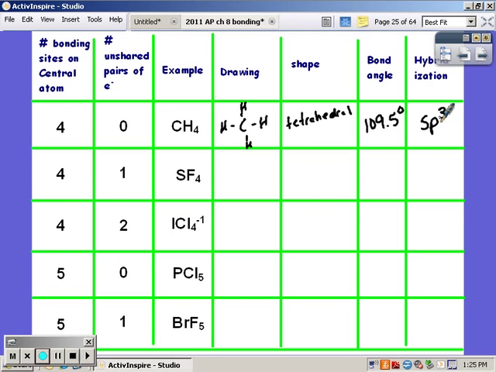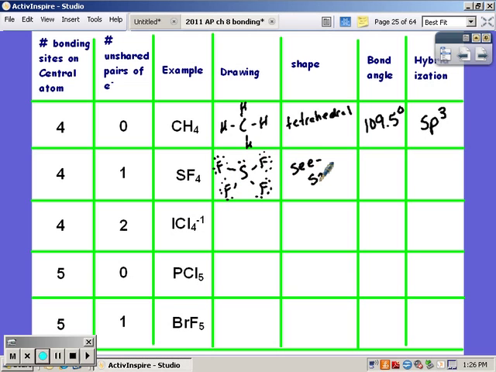I'm going to pause the video and try to draw SF4 on your own. Your structure should have looked like this: 4 bonding sites, 1 lone pair on sulfur.